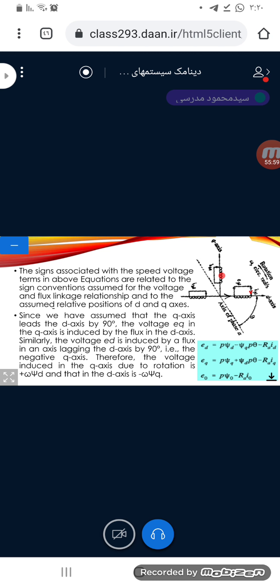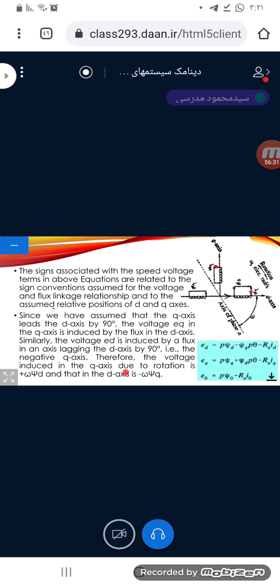But the voltage made by the flux of the q-axis is minus.